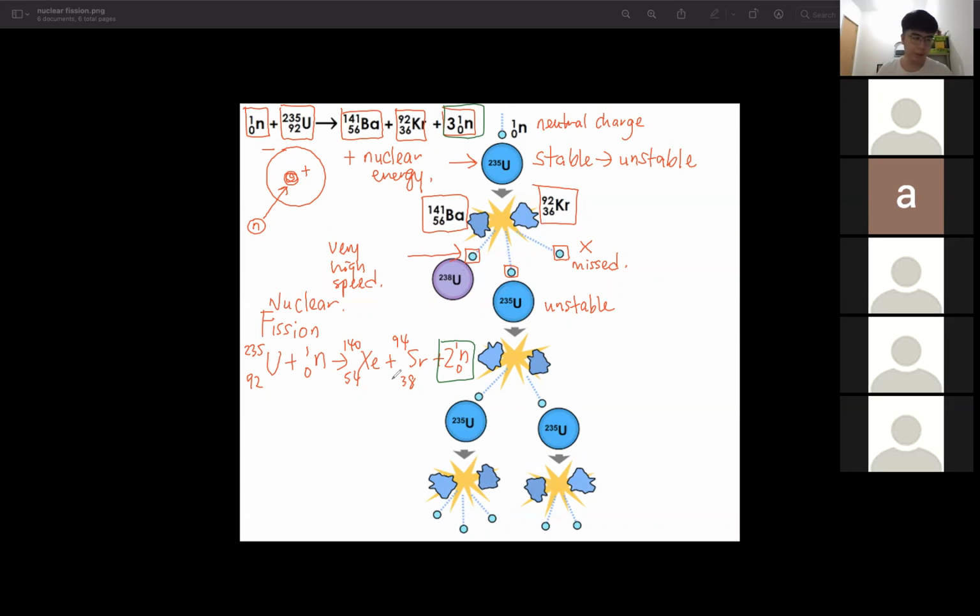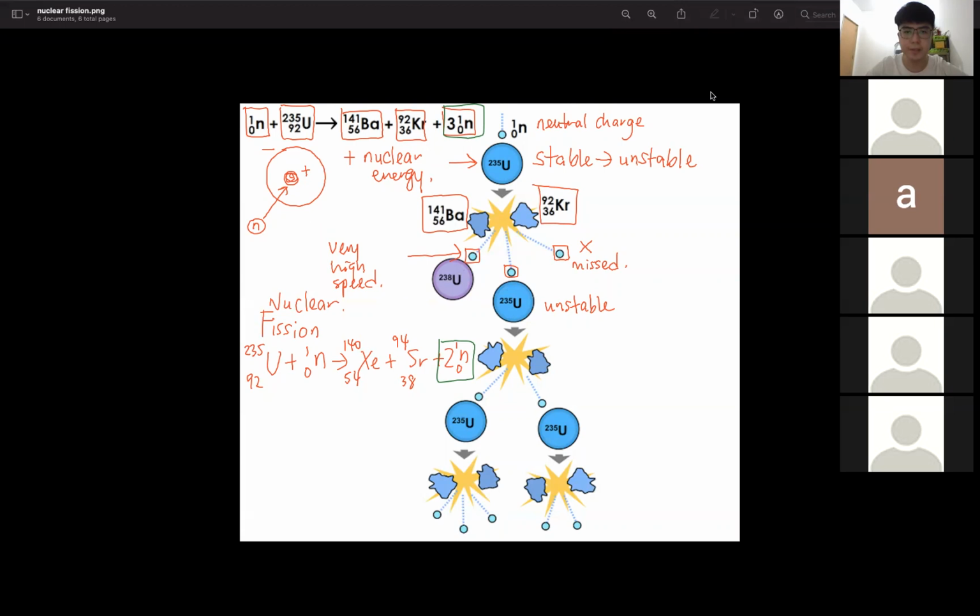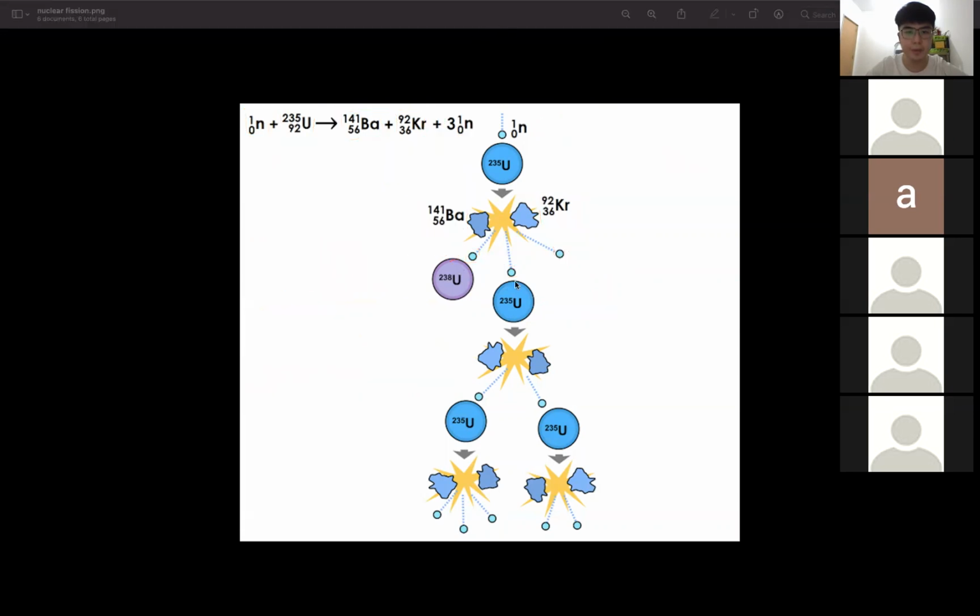Now, here we will use the mass defect to calculate how much energy is produced by a nuclear fission. Let me go to the PDF here just to show a bit of calculation using the mass defect.